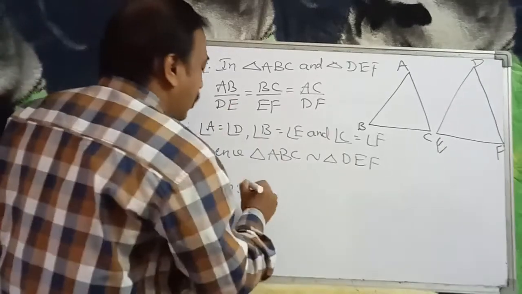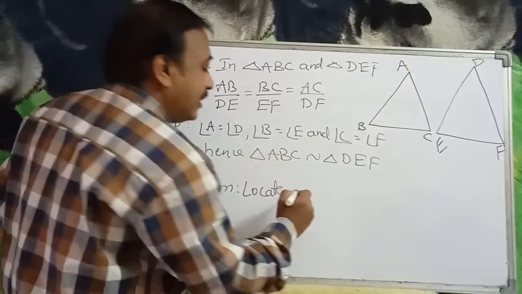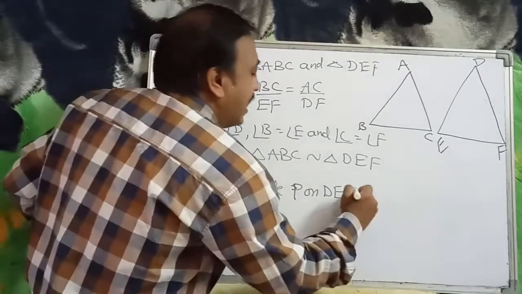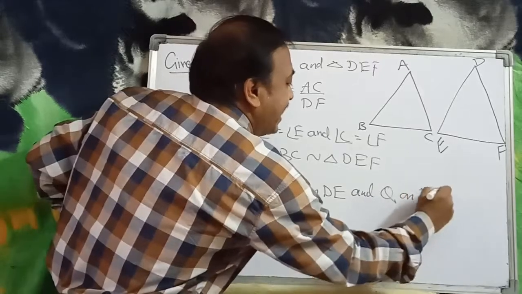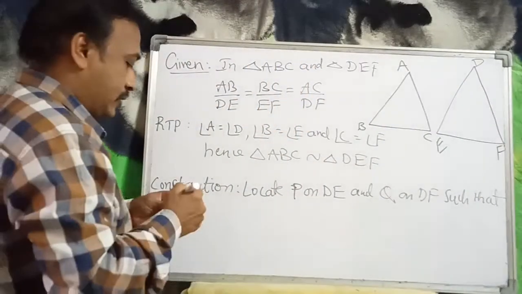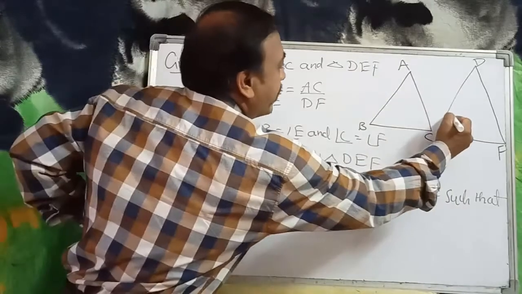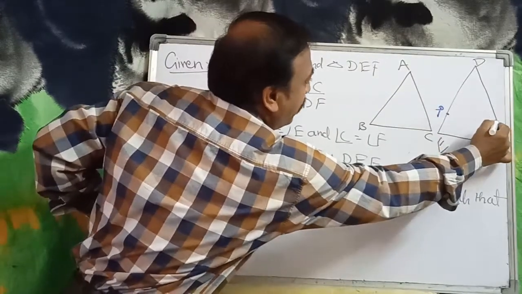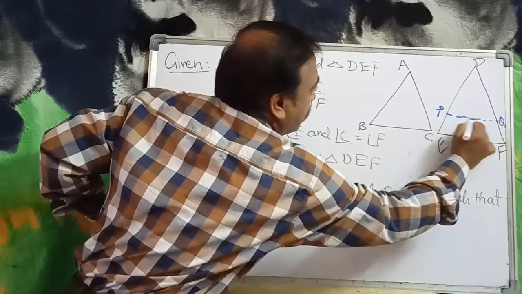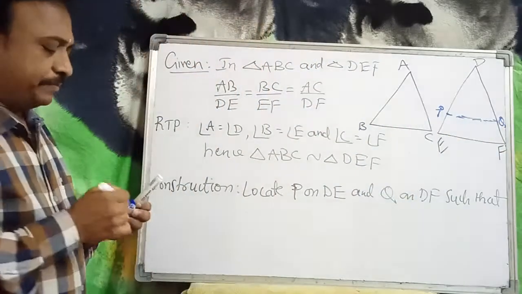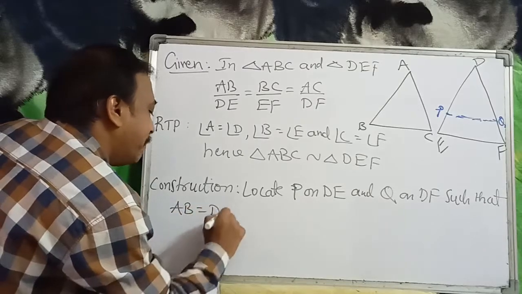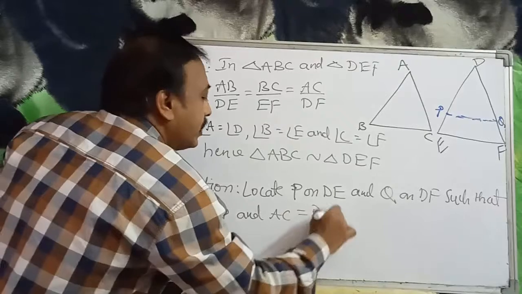What is the construction? Locate a point P on DE and a point Q on DF, and join these two, such that AB is equal to DP and AC is equal to DQ.